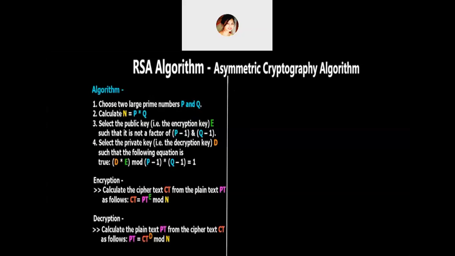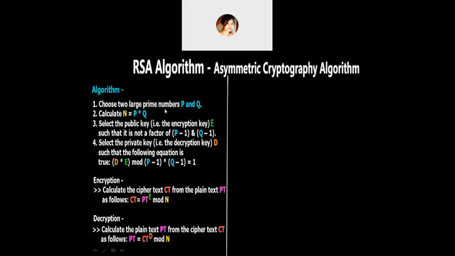We already know that 11 into 3 is 33, and 34 minus 33 gives 1. So 3 is the quotient and 1 is the remainder. 34 mod 11 gives the remainder, that is 1. So mod operations always take the remainder instead of the quotient. Just keep that in mind.